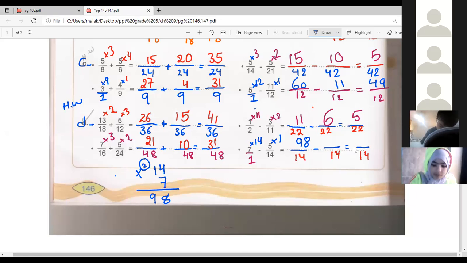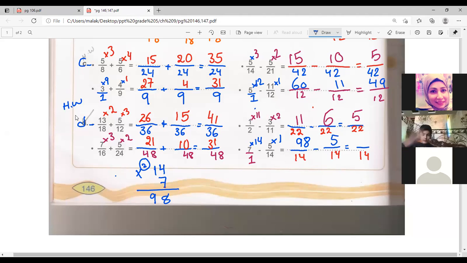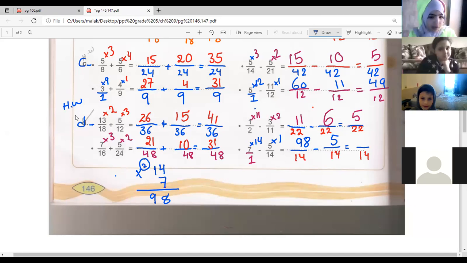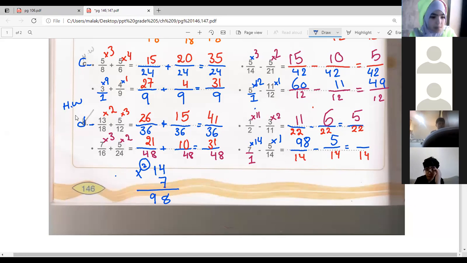Okay, 5 times 1 is 5. Now 98 minus 5. Zeinab Moussa: 98 minus 5 is 93.